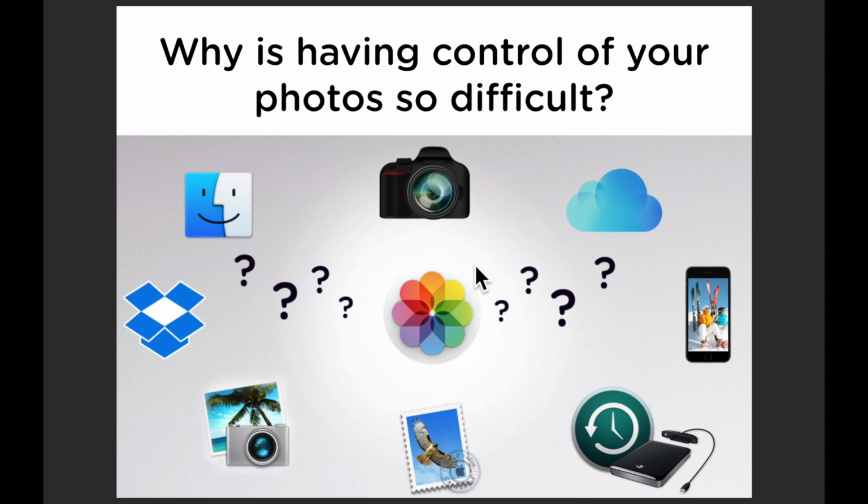That means you have some photos in Finder, you have some photos in Apple Mail, or in Mail, you have something in iCloud, you have some on your phone, you have some on iPhoto, or you used to use iPhoto, you have some photos on digital cameras, maybe older cameras, and you might have external hard drives and backups with the photos. So having this many places or archives of photos makes it extremely hard.